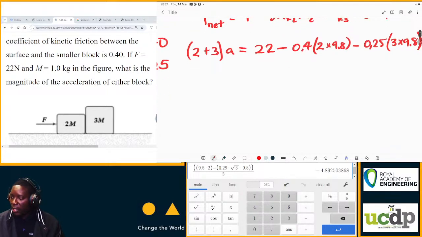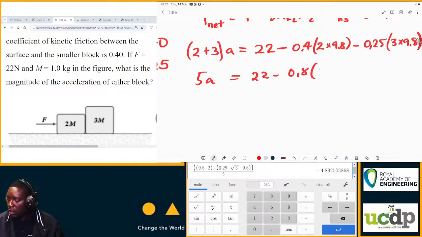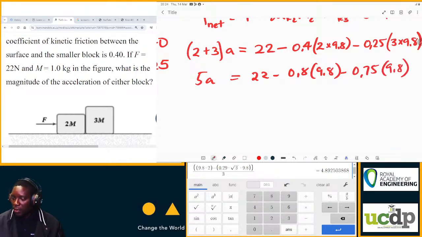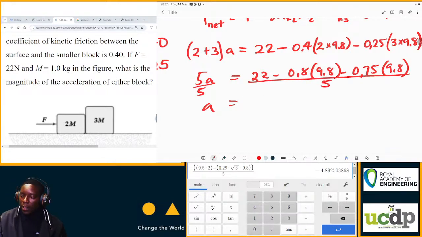So we have our equation in terms of A. 5A equals 22 minus 0.8 times 9.8 minus 0.75 times 9.8. So A will be everything over 5. That's our expression we can use to find A.